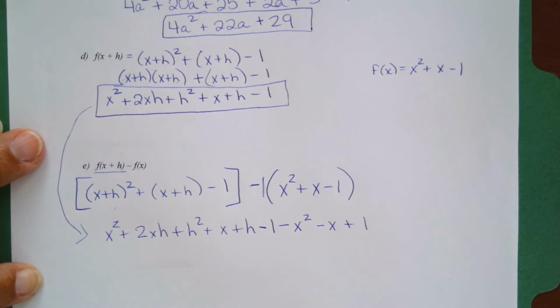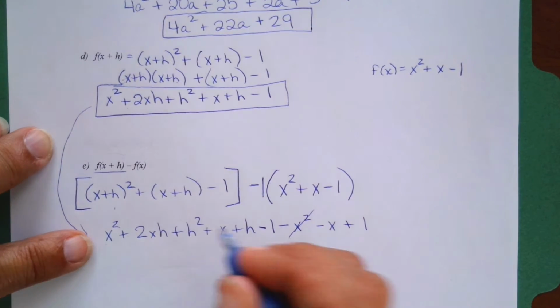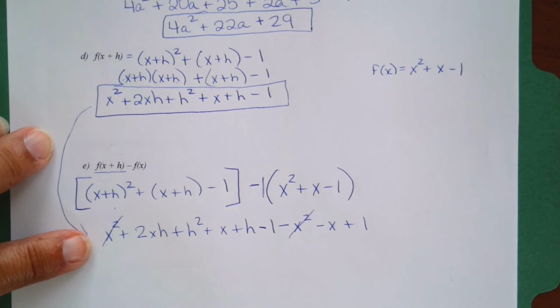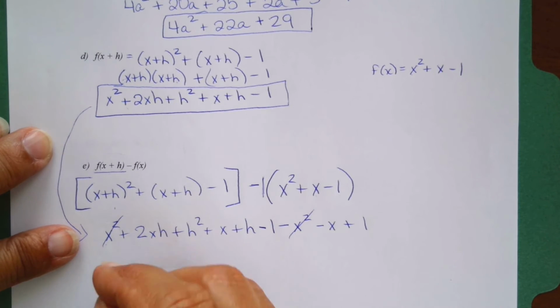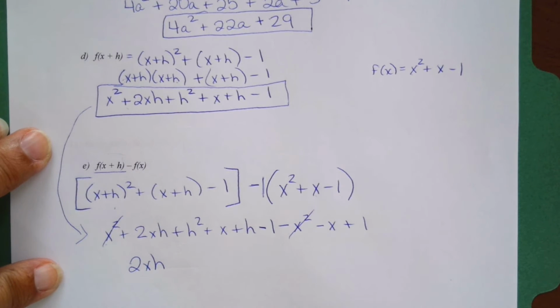Okay, so we're not done yet. So I have an x squared and a minus x squared. Those are like terms. They're going to cancel out. That's 0. I have a 2xh, and I don't see another xh term, so that's it. I have an h squared. I don't see another h squared term, so that's it.